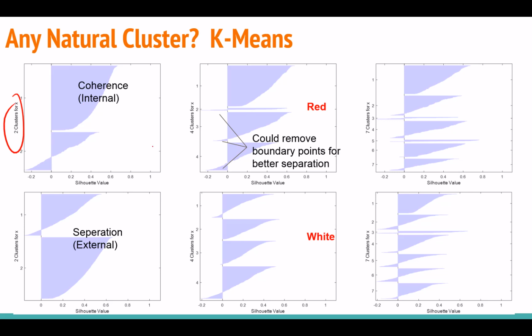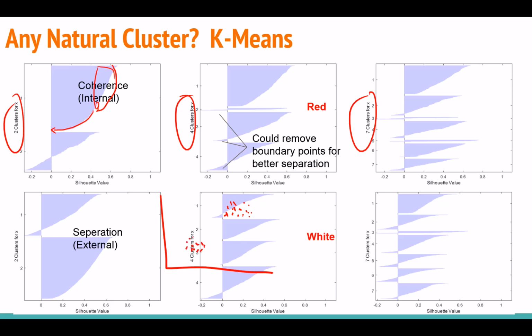Sorry, when we look at 2 clusters here versus 4 clusters versus 7 clusters, we see some strong internal coherence right around here. And that internal coherence drops down quite low. In terms of the separation, we want high coherence and high separation. What that means is that we might have a cluster right here, another cluster right here.